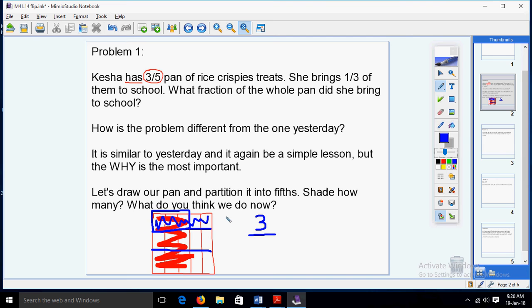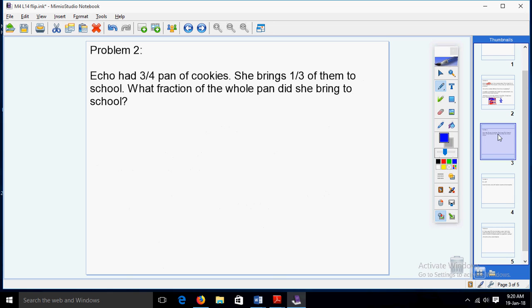If you want to count, you can, but it is 15. So 5, 10, 15. That's where I got that. And there's our answer. She brought 3/15 of the whole pan. It is very similar to yesterday, but it's the model that I'm looking for.